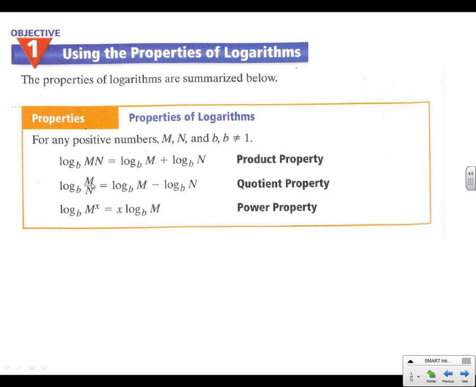Same goes for dividing, but when we split it up, we're going to get subtraction. And then anytime you have a logarithm problem where you have an exponent at the end, we take that exponent and bring it out into the front as a multiplier, x times log base b of m. So that's the product property, the quotient property, and the power property.